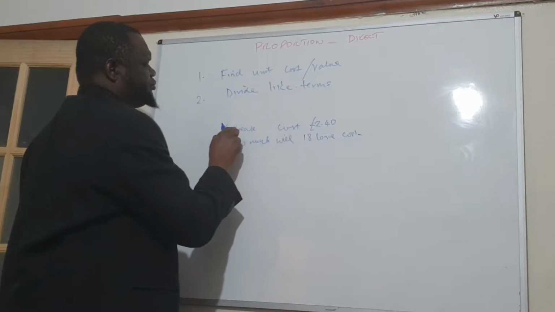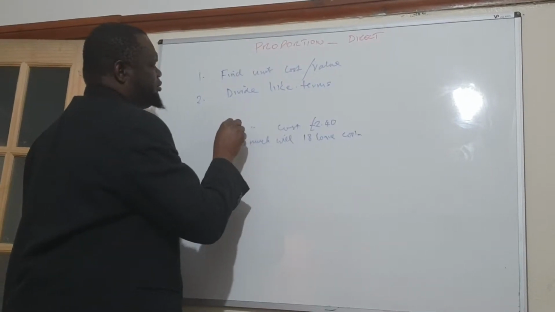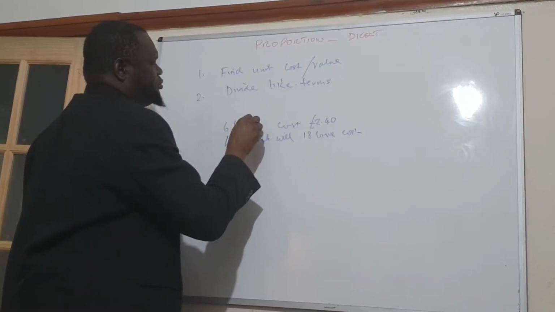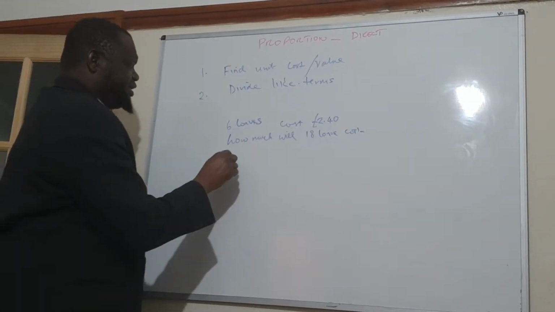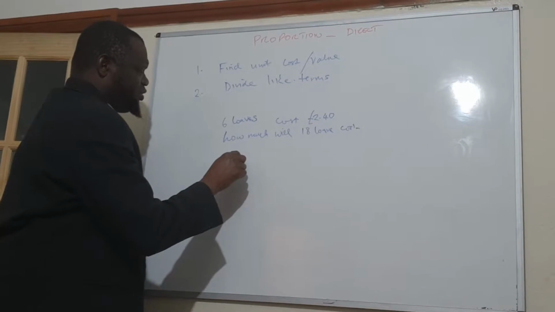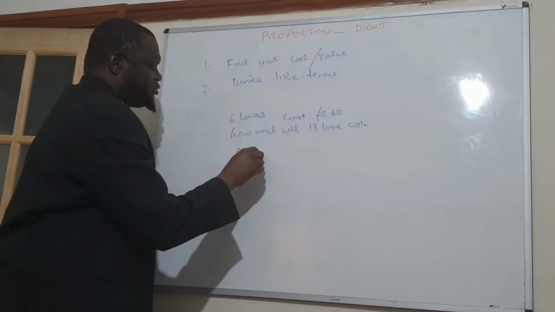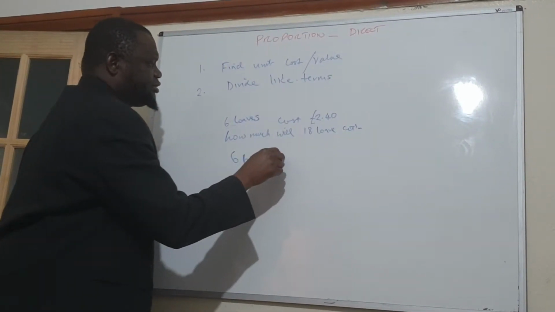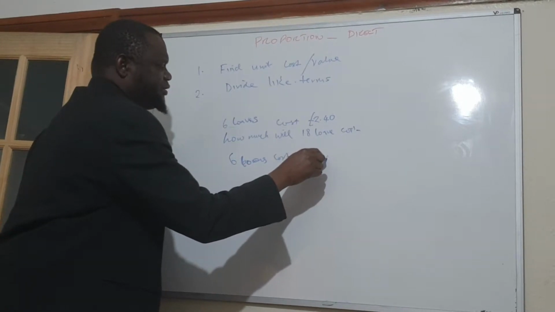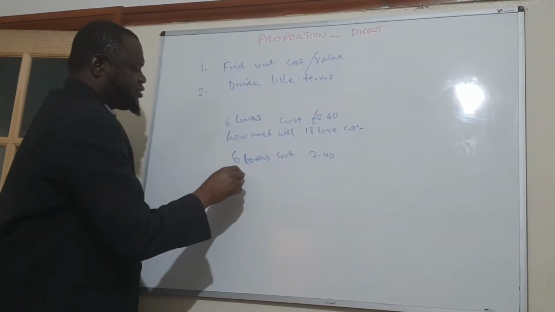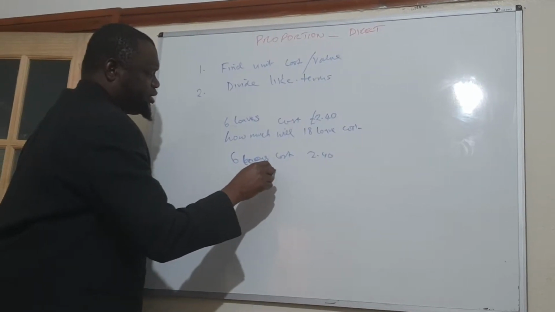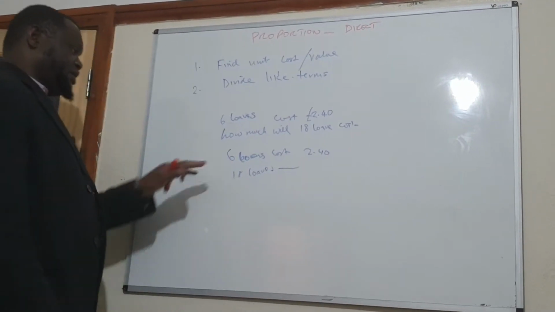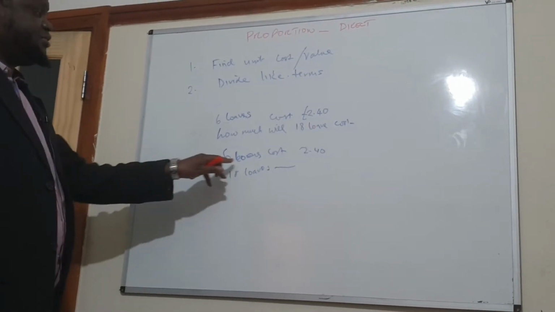So basically what it's telling you is 6 loaves cost £2.40. How much will 18 cost? That's what we don't know. In fact, that is the second way of doing it up here, but basically, you have to find unit cost.